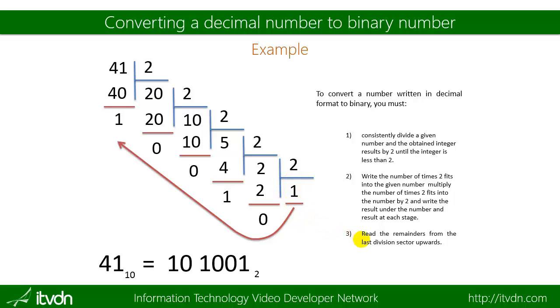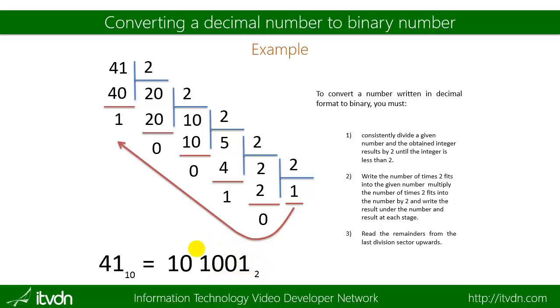So I just have 1 remainder here. The next step is you read the remainders from the last division upwards. This is my last division, this is where I stopped. So I read 1, 0, 1, 0, 0, 1, and I write it 1, 0, 1, 0, 0, 1.